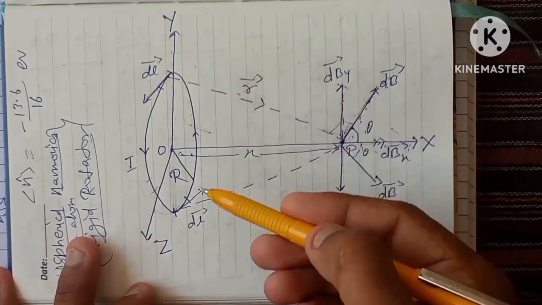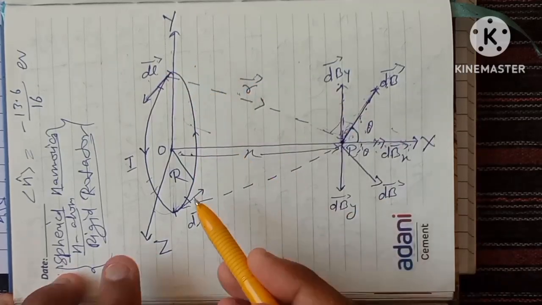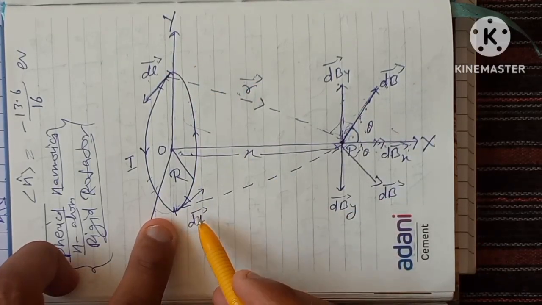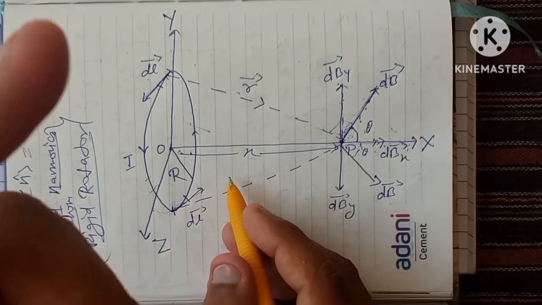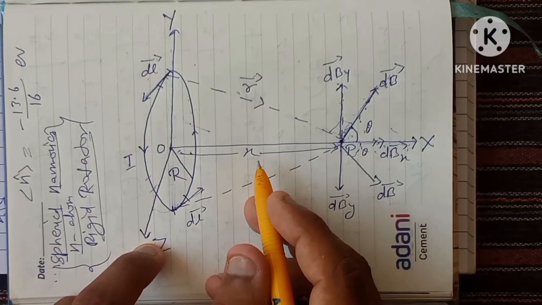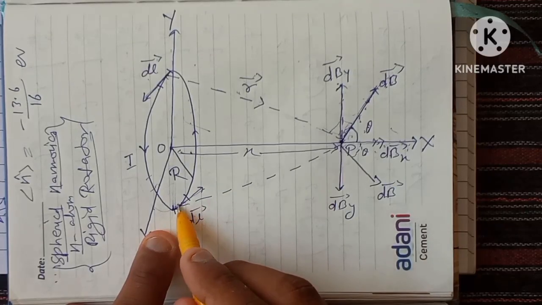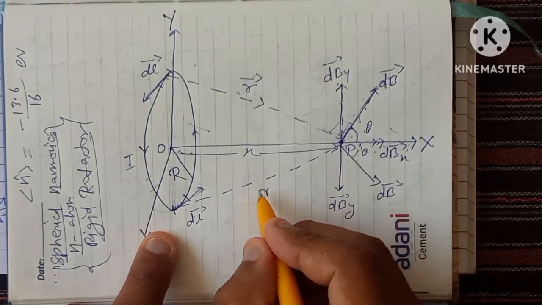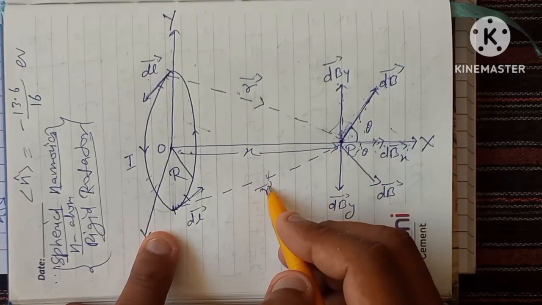The direction of this dl vector is in this direction. We know that the direction of the length vector is always along the direction of the current. And the distance from this dl vector to point P is the r vector, which will be the same. Both will be equal.